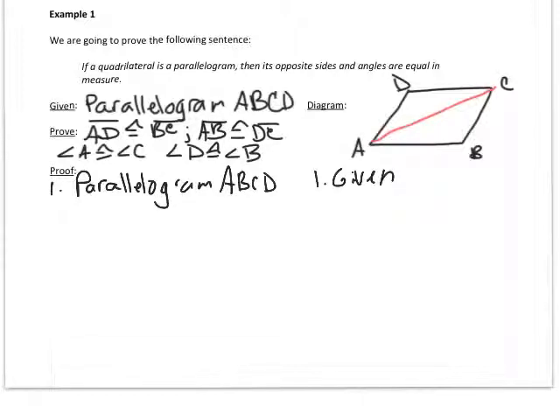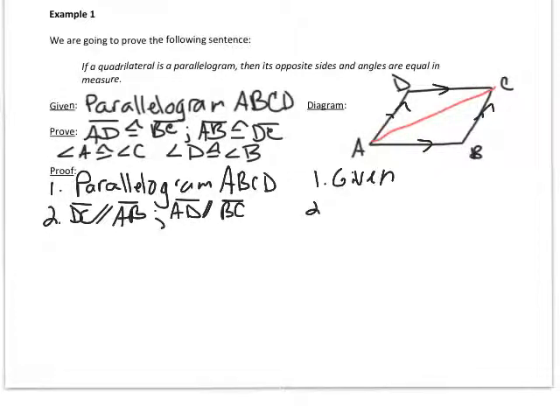Knowing that, I know that opposite sides are going to be parallel. So I'm going to say DC is parallel to AB, and I'm going to say that AD is parallel to BC. That's by definition of a parallelogram. Or you could say in a parallelogram, opposite sides are parallel.